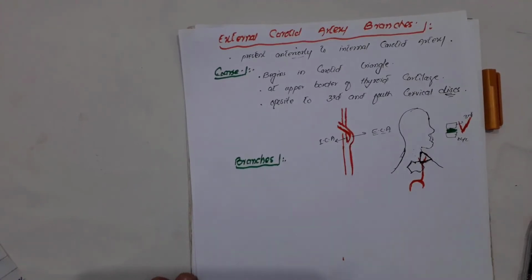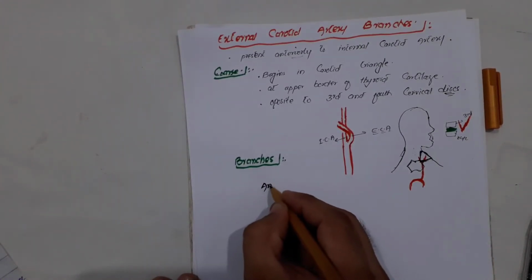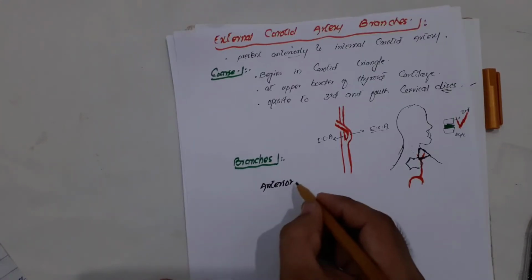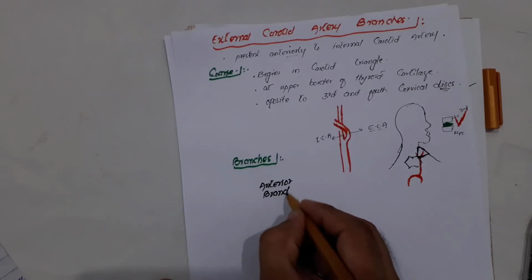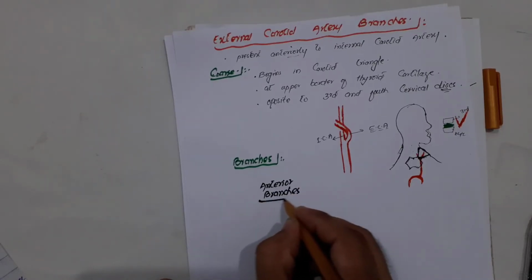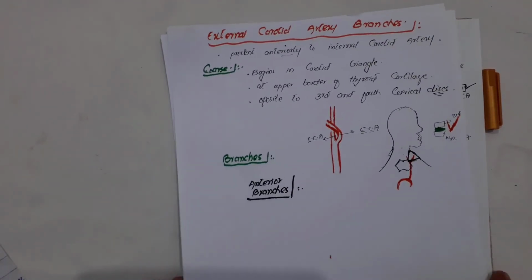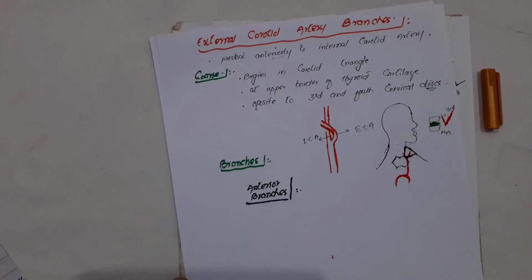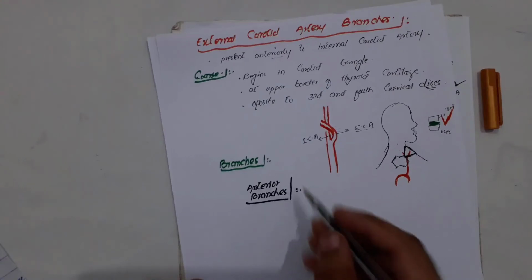There are some arteries which arise anteriorly, so I'm writing here anterior branches, right? What are those anterior branches which arise from the external carotid artery? There are three branches which arise from the anterior aspects of this external carotid artery.